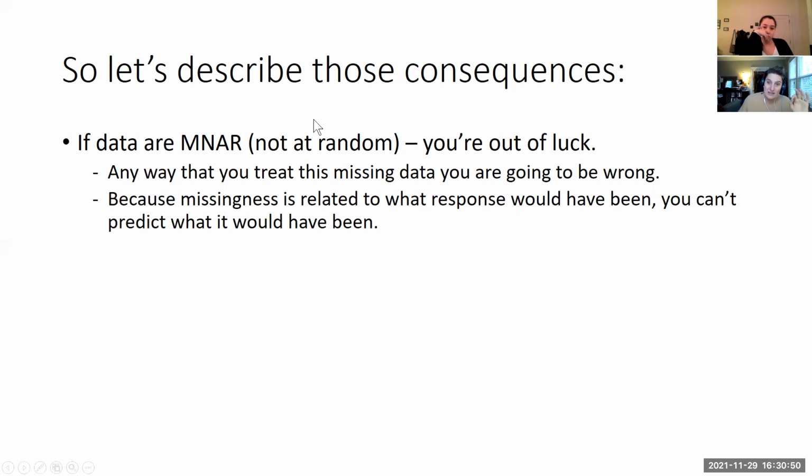So all you can do in this case, if you're pretty sure that your data are missing not at random, or you think they might be, is write about it in your conclusion section. You can describe what you see, you could describe how much data are missing, and then you can describe your results, and then you have to say, these results only generalize to those people to whom I have fit these data, and we think that there may be some people who didn't answer, and that may have affected our results. That's all you can do.